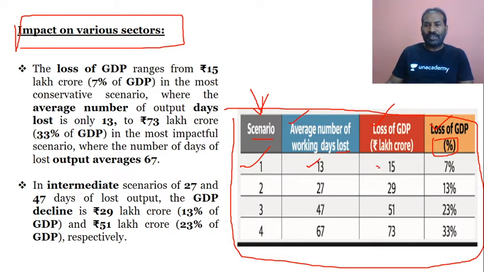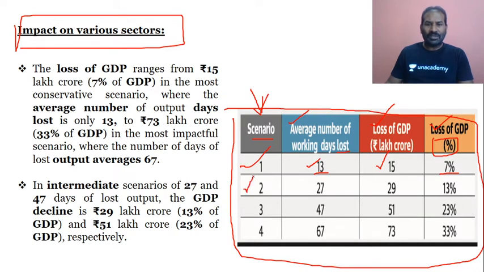That will be 15 lakh crore rupees lost to the GDP or the economy itself. So the first scenario is just 13 days of work lost, on average. 15 lakh crore rupees of loss to GDP will constitute 7% of the GDP.